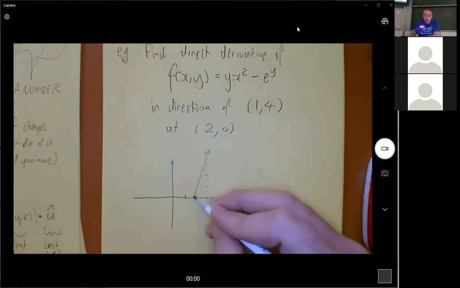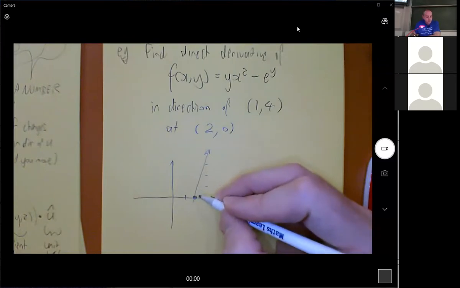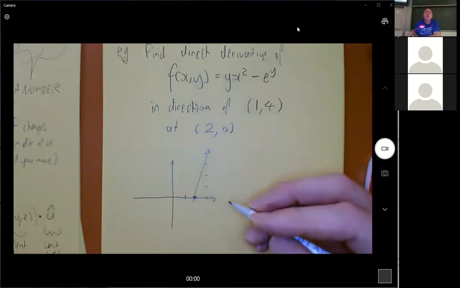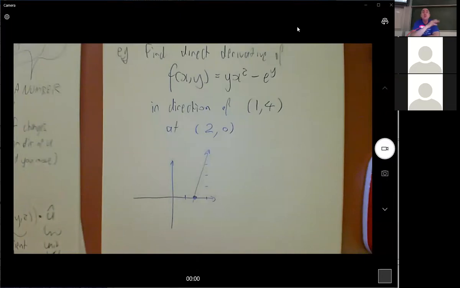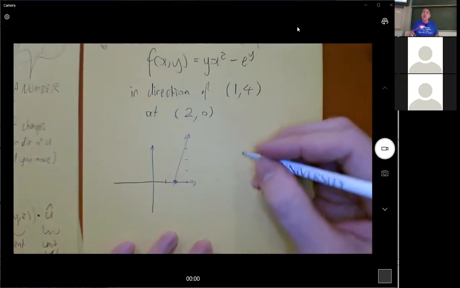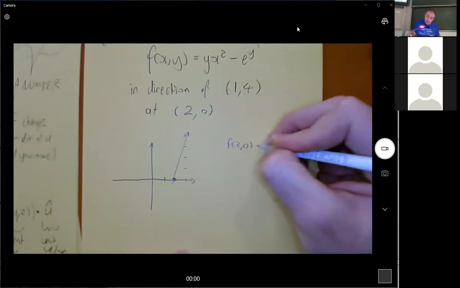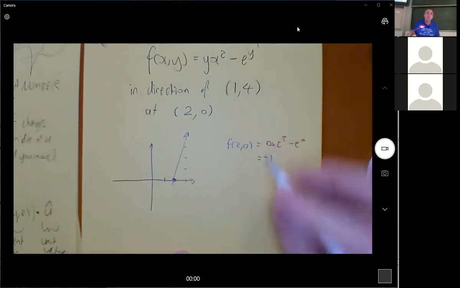So if we start here and move past this point in that direction, then how quickly is this function value changing? That's what we're asking ourselves. So you could conceivably have a good estimate of what that would be. Just want to show you something actually. This is not something to do, but just to check your answer if it's working out correctly. So I know that f of 2, 0 is 0 times 2 squared minus e to the 0, which is -1.